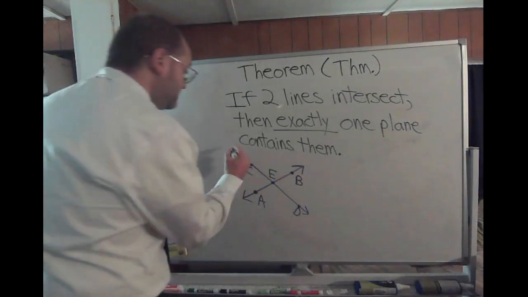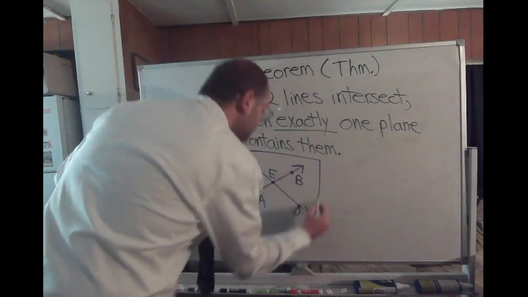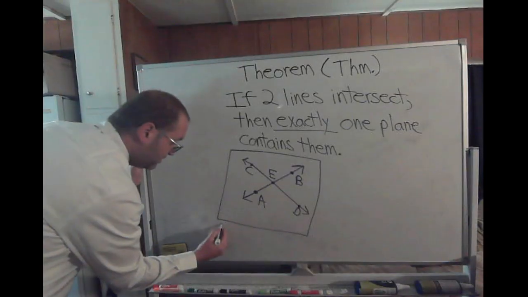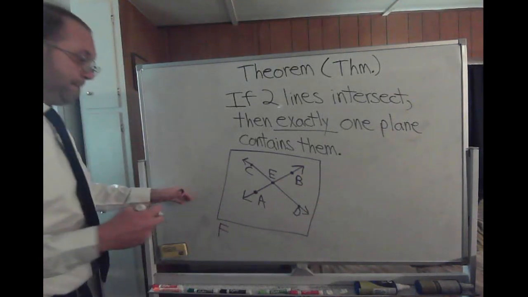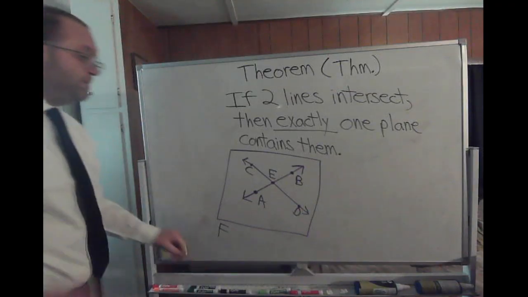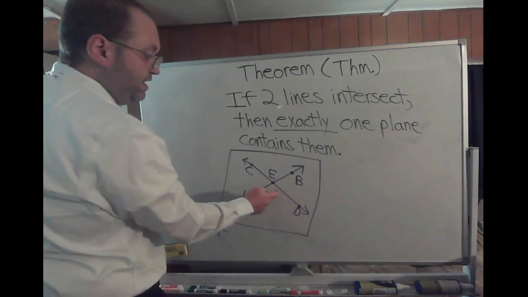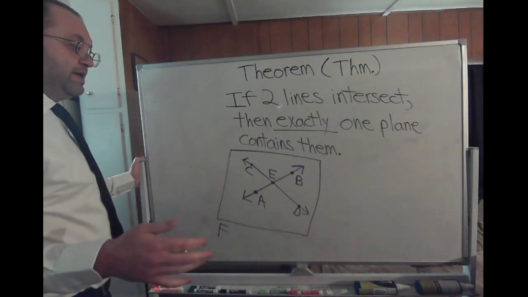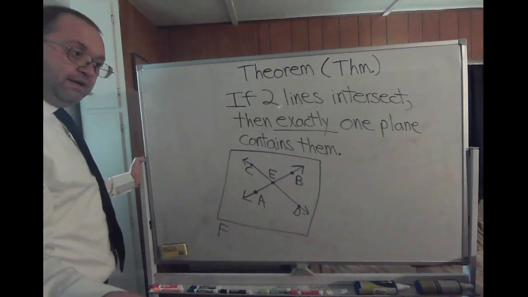So yes, this theorem kind of ties in with that and the previous postulates. We'll call this plane F. So that actually makes sense. We have one line here, but the other line, you could argue those are points that are not on the first line.